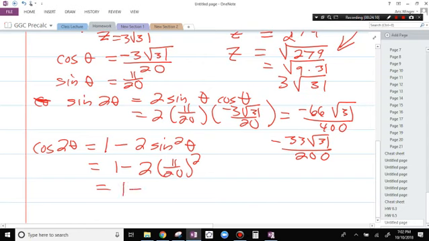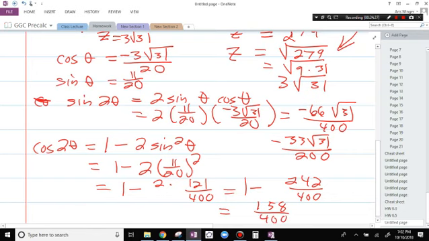So 1 minus 2 times 121 over 400, 1 minus 242 over 400, 400 over 400, 158 over 400. At this point, this is all calculator. Just put this in the calculator and make it a fraction. 158 over 400, 79 over 200.